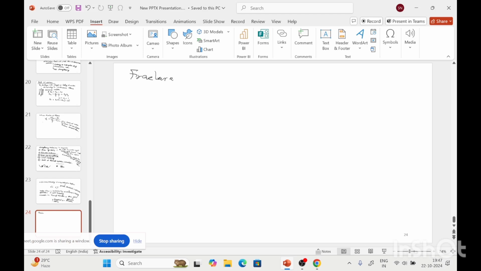It is described as follows. First, load transfer can occur by interfacial interaction between the matrix and reinforcement.